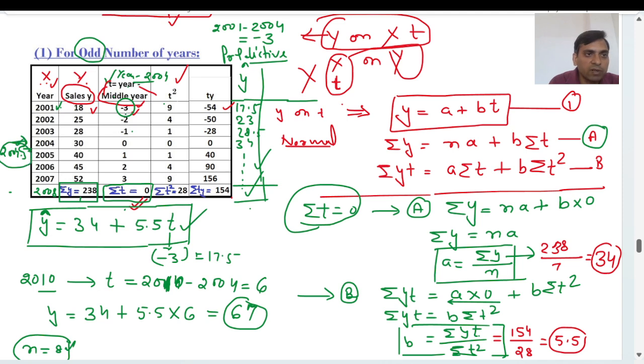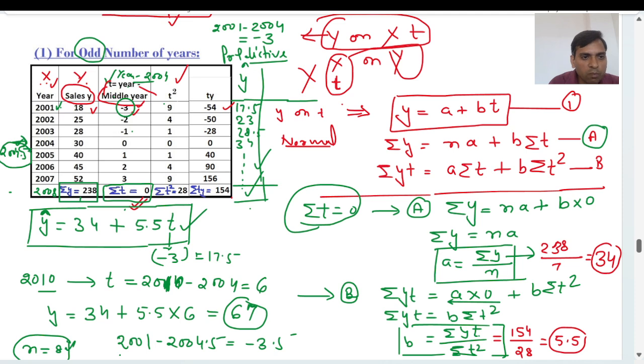Now if you find the first value of t with respect to 2001, you will use 2001 minus the middle year 2004.5, so you will get minus 3.5. When you multiply these decimal quantities, it becomes a little complex.